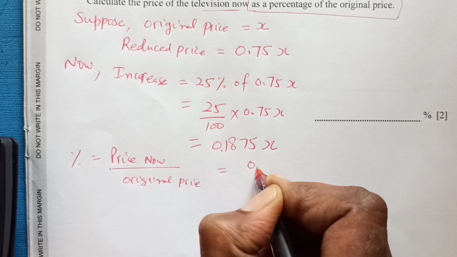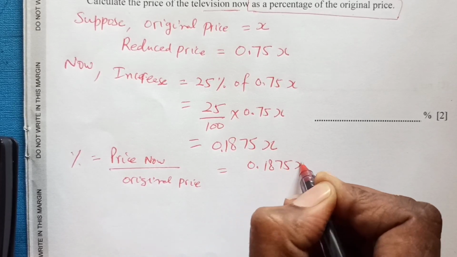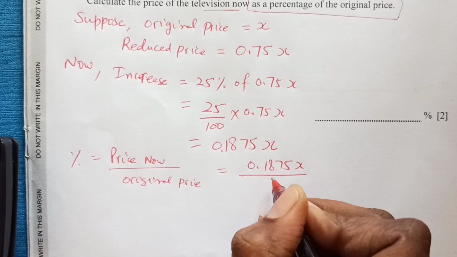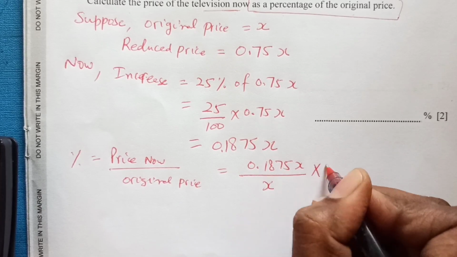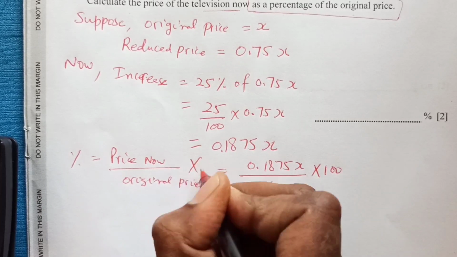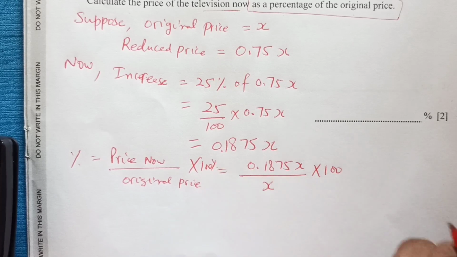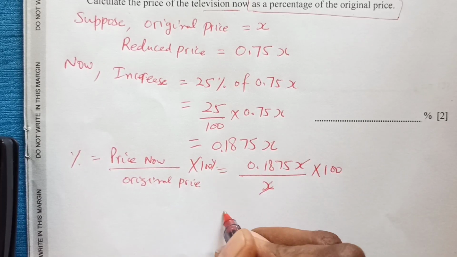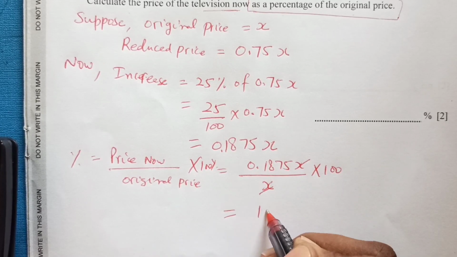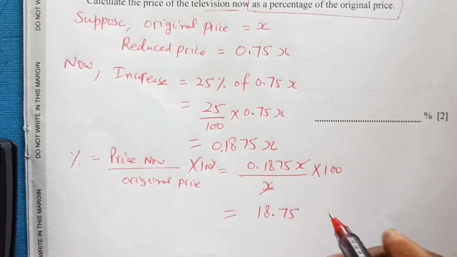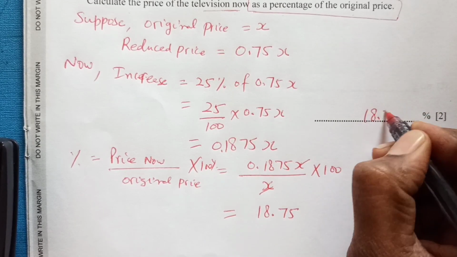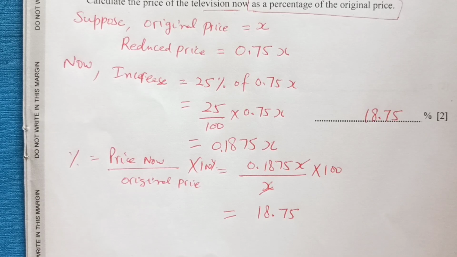Price now is 1.875x and original price is x, times 100, because we need a percentage. So the x and x are gone, and when you multiply this, it is 18.75. So 18.75 will be the final answer.